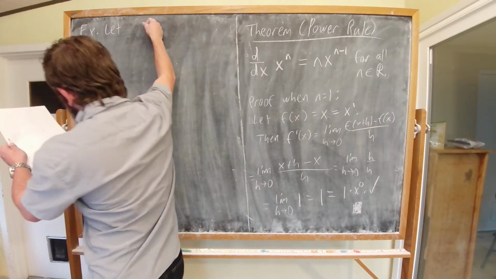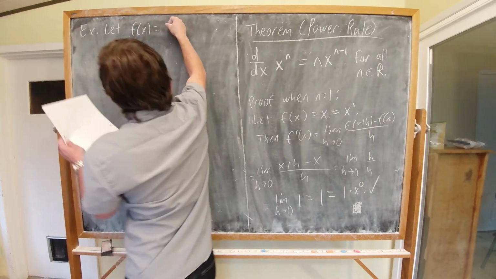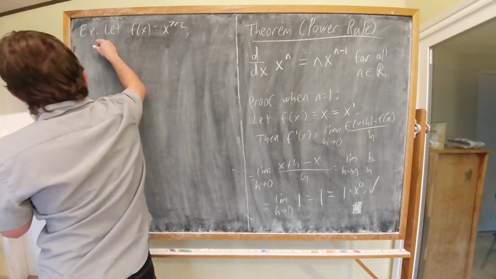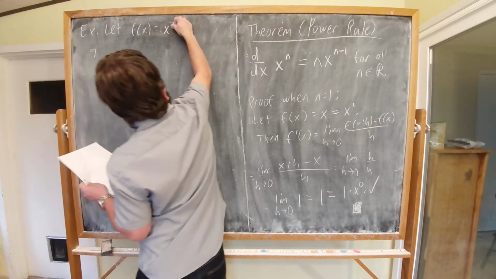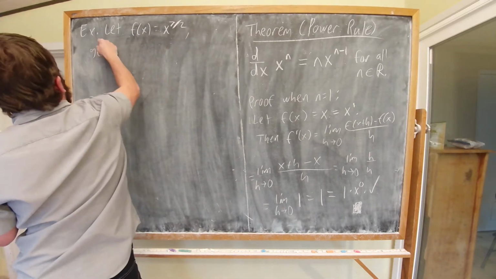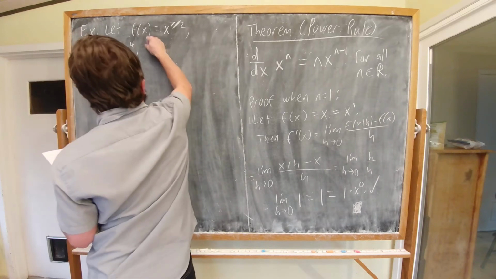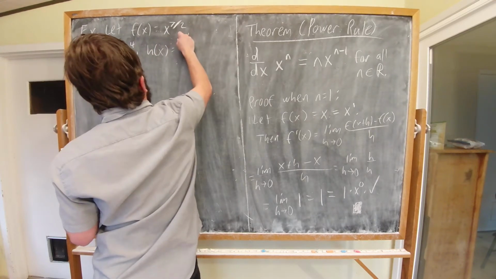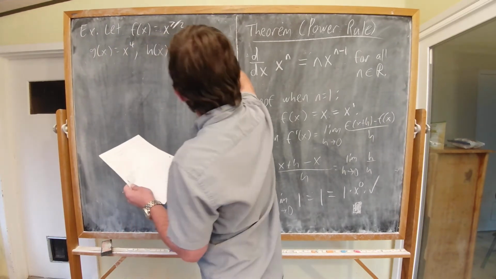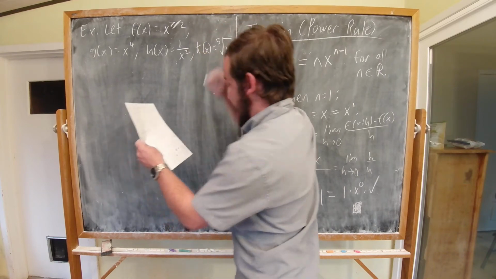Let's let f of x equal x to the 7 over 2, g of x equal to x to the 4th, h of x equal to 1 over x squared, and k of x equal to the 5th root of x.